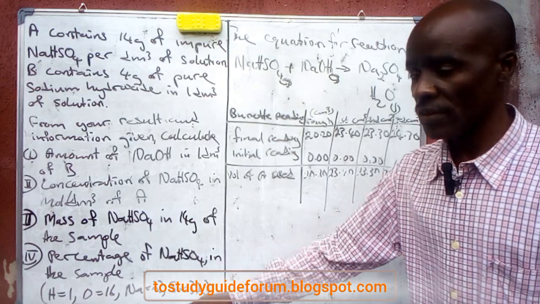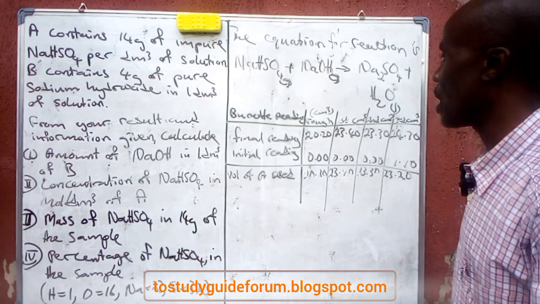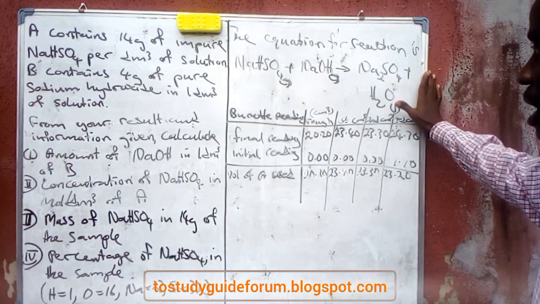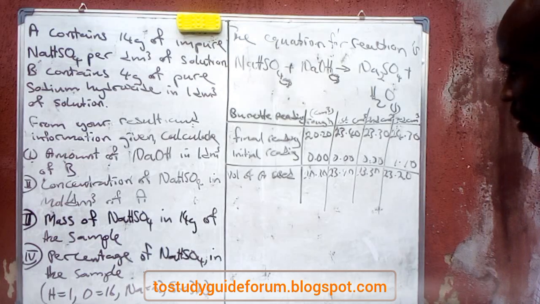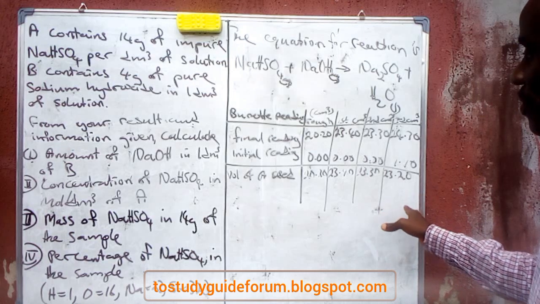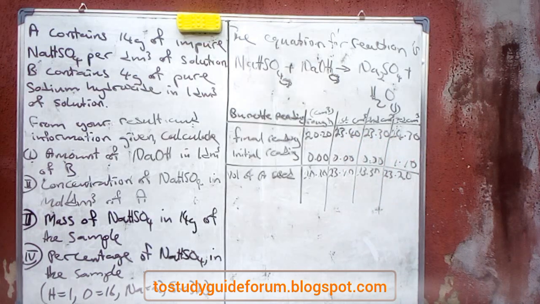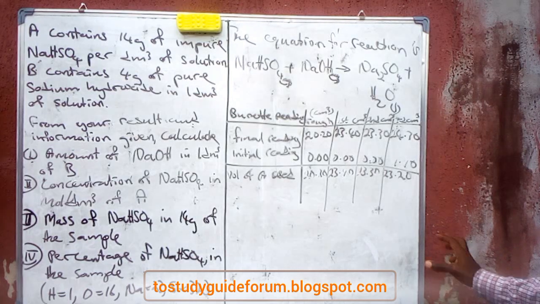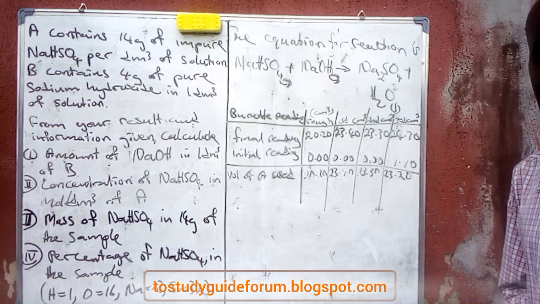Now we have the relative atomic masses of the elements involved, and this is the balanced chemical equation of the reaction. From our result, the first thing we do is calculate the average of the titre values of A. The most important thing to note is that you should check the ones that are close to each other in volume.